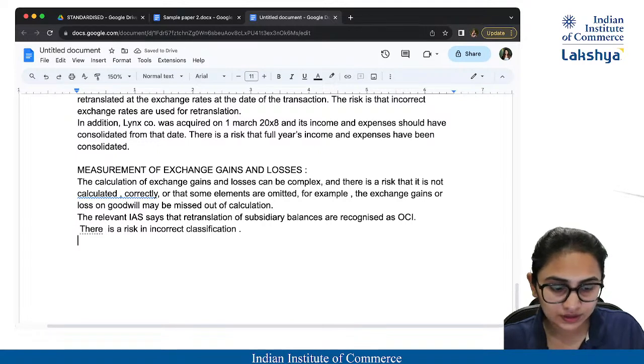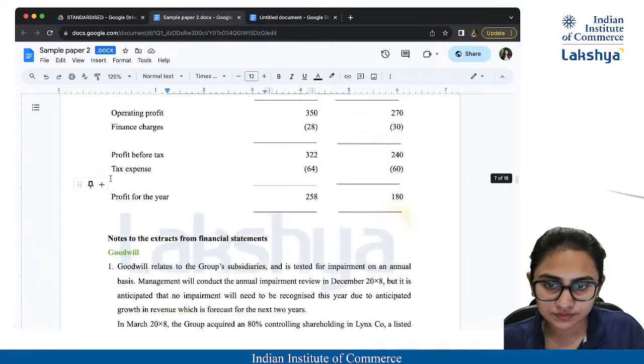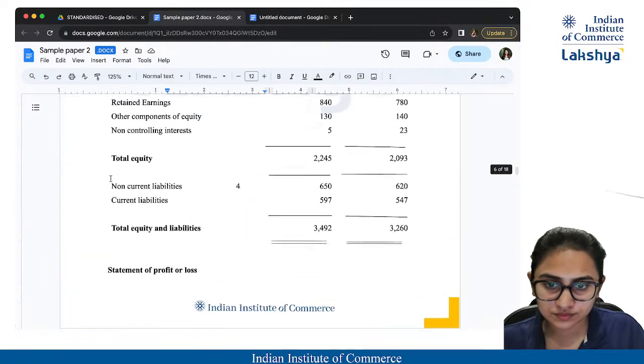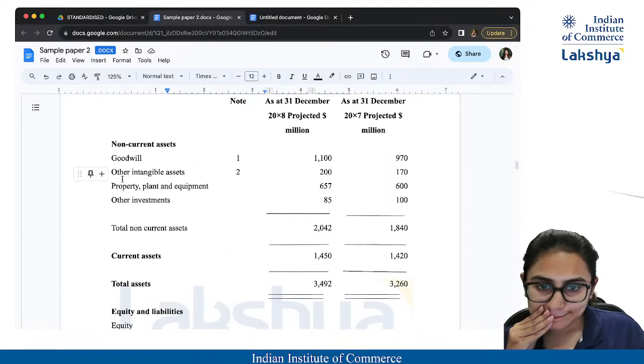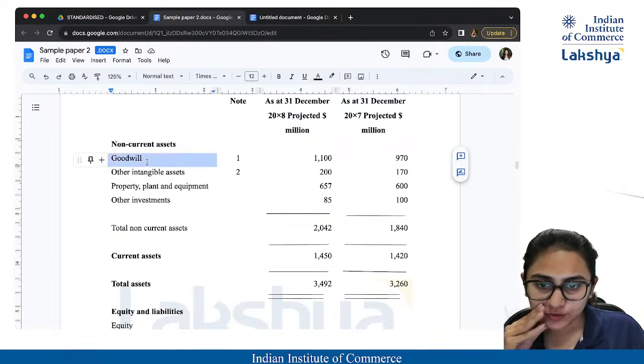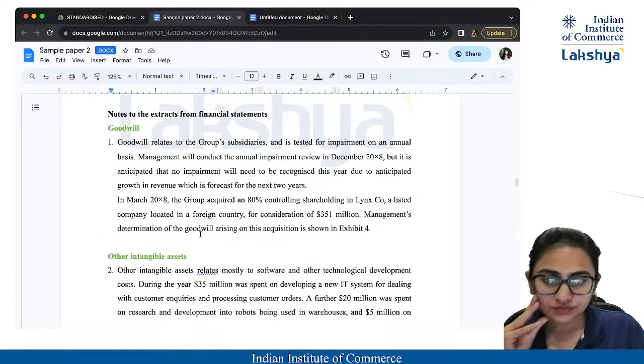Okay. The next one we can say about is the goodwill, and then see note number 1 for goodwill.